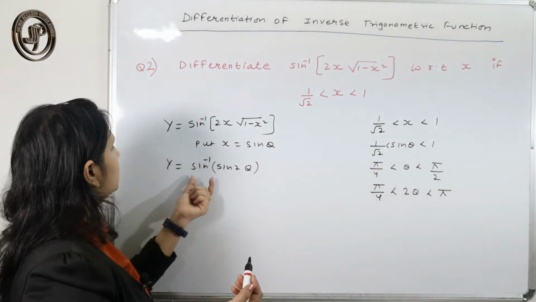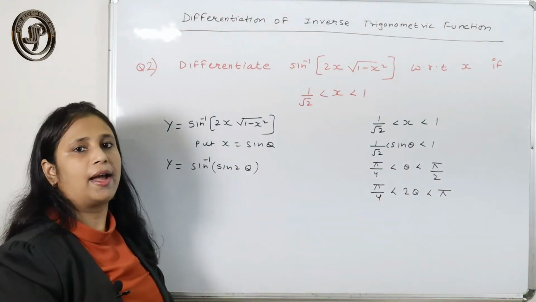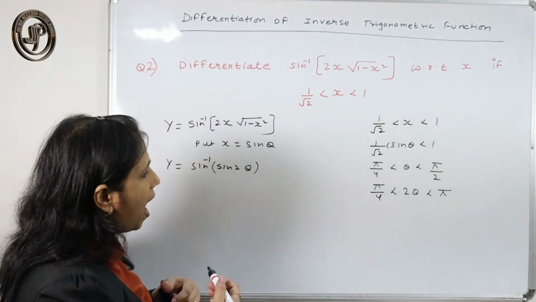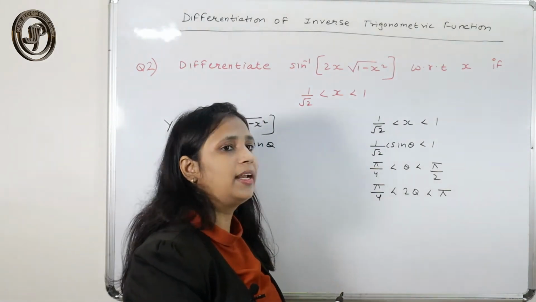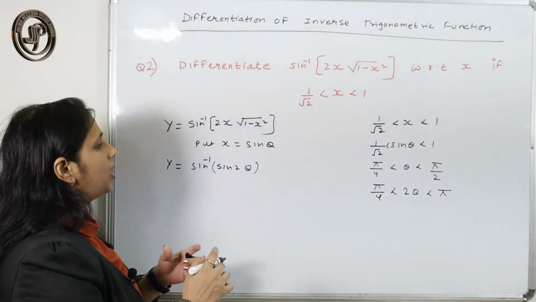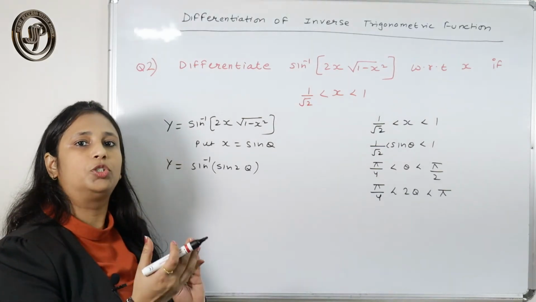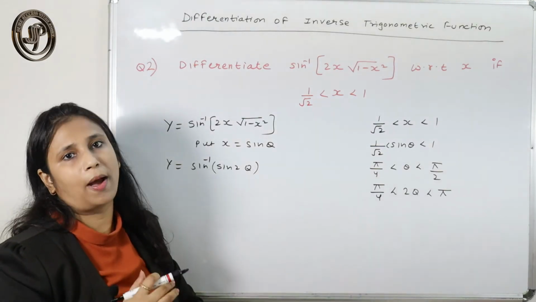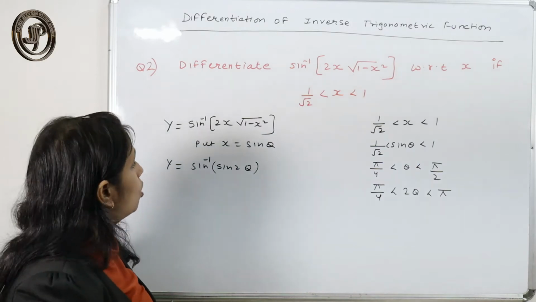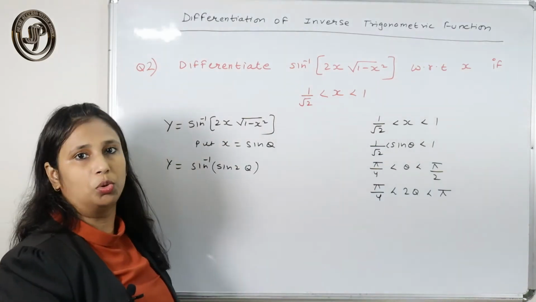So we can't write sine inverse sine 2 theta as 2 theta. We have to transform this range in a way so that it comes under the range of minus pi by 2 to pi by 2. So see, how can we do this?